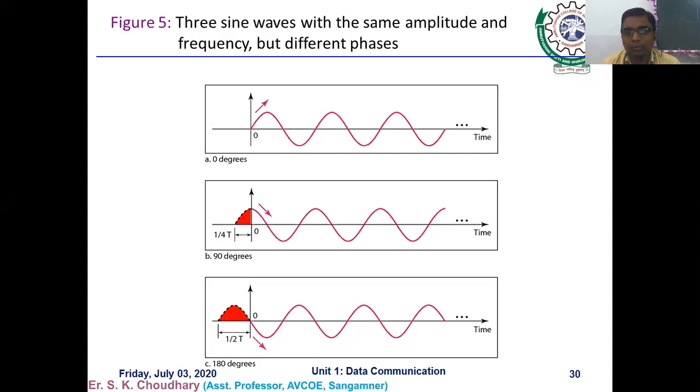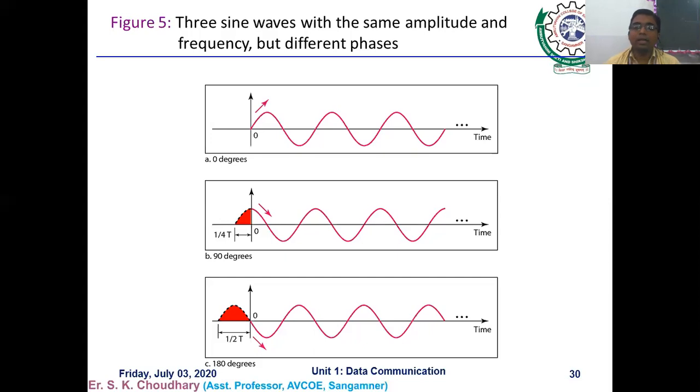But if you move to the second picture, B, you can see that 1/4 of the time period of the first cycle has been shifted backward. T/4 section of that first cycle has been shifted backward, which means there is some phase shift.